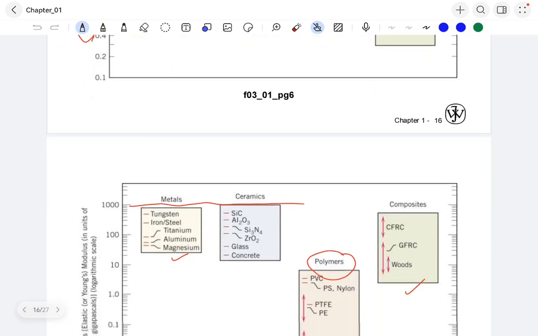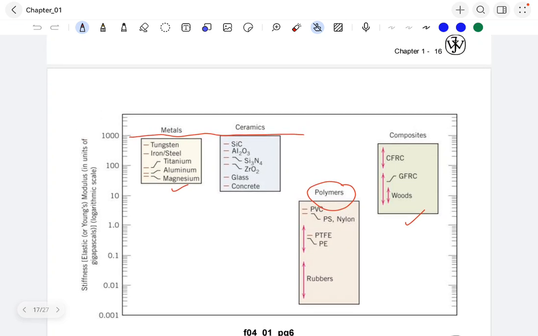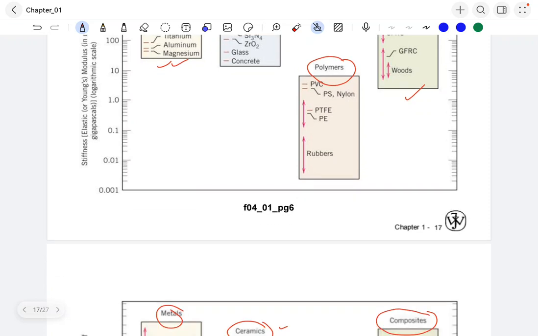Then moving to the stiffness or elasticity of the materials, the winner among the four types of materials is the ceramics, the second will be the metals, third the composite, and then the polymers.